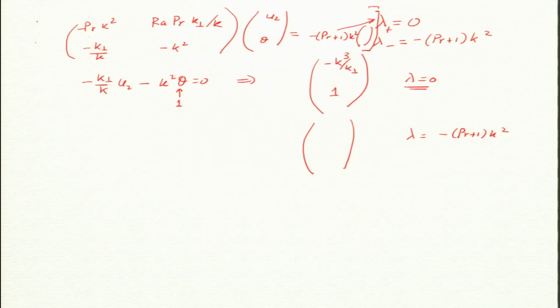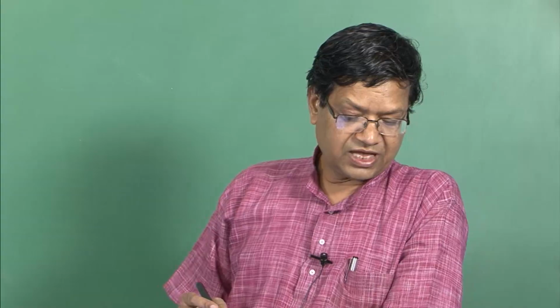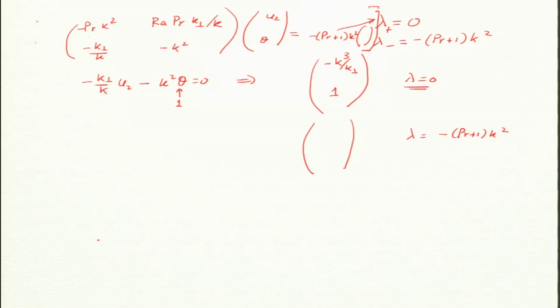They are exactly the same here. One of them is enough, because the length of the eigenvector is not unique, any length is fine. So, that gives you b is equal to 1. I can multiply this by any number, still this is an eigenvector, and that is Pr k cube by k perp.